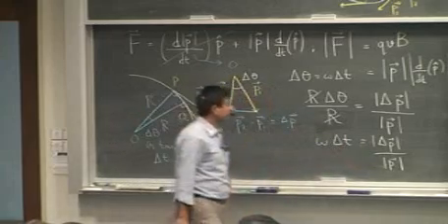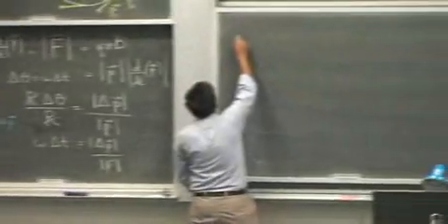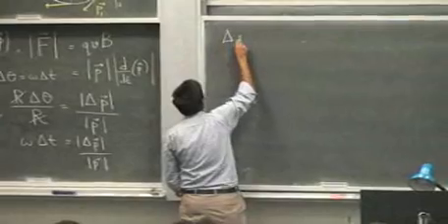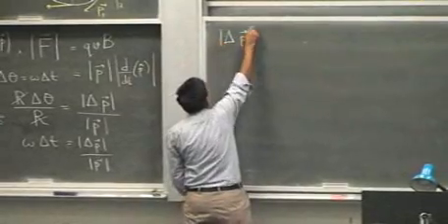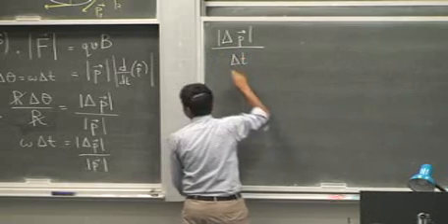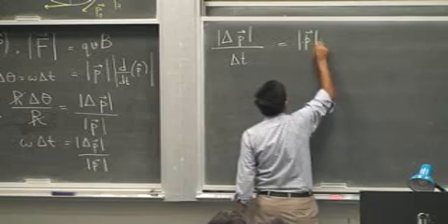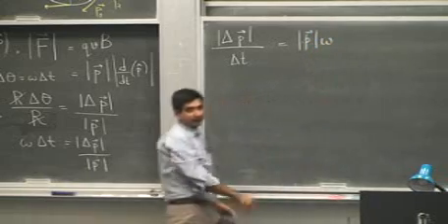Now what do I get from here? I get the magnitude of the change in momentum delta p over delta t. This is simply the magnitude of p times omega, the angular velocity.